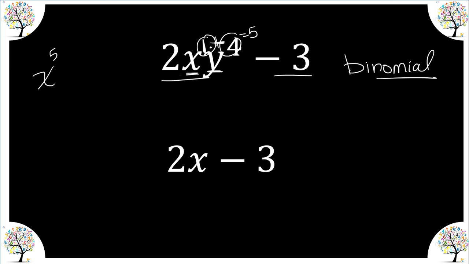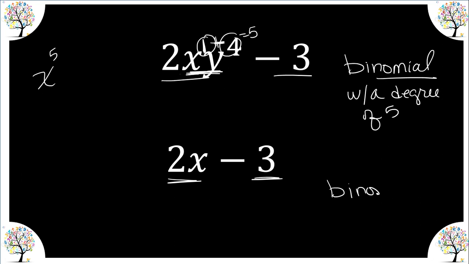But when you have to add exponents because the term has more than one variable, we just say this is a binomial with a degree of 5. This example, we have two terms, 1 and 2, so it is a binomial. And it has a degree of 1, so that is a linear binomial.